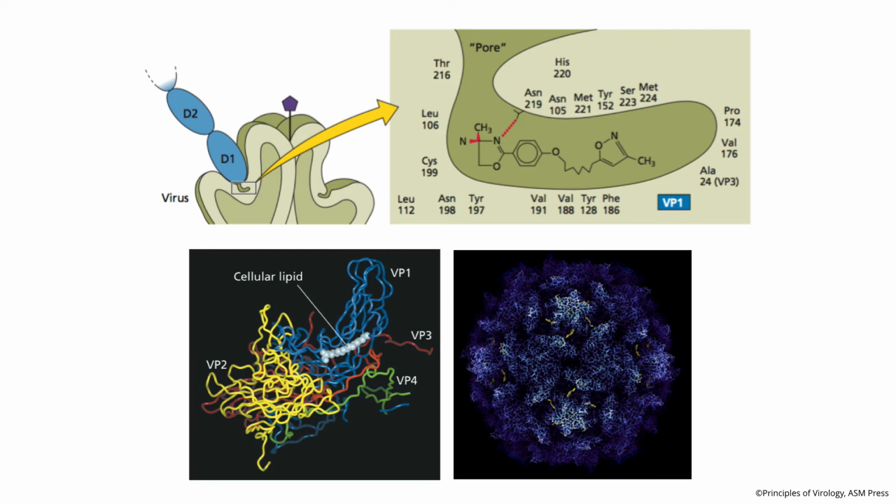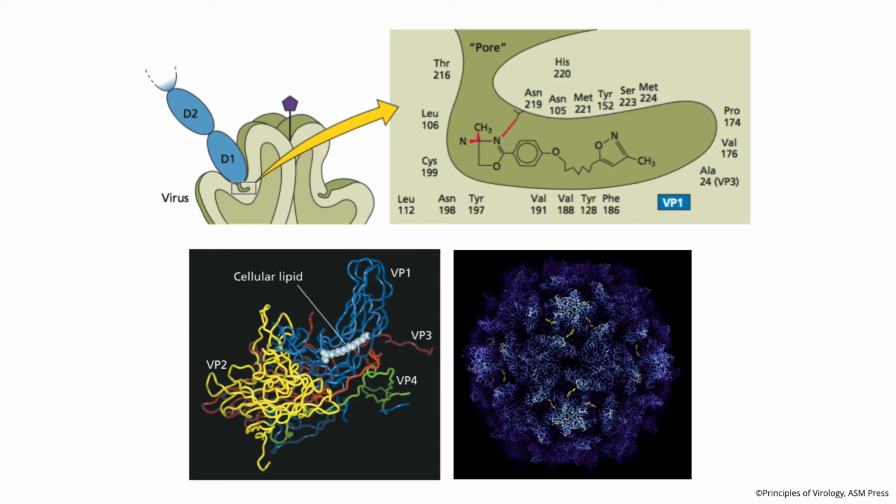On the bottom is a crystal structure of the entire virus particle mixed with one of these antiviral compounds. And you can see them in yellow. So there's one molecule binding at the base of the canyon. Again, to reorient you in the upper left, there's that little pocket where this molecule is binding. And how many binding sites for this chemical do you think are in the particle?